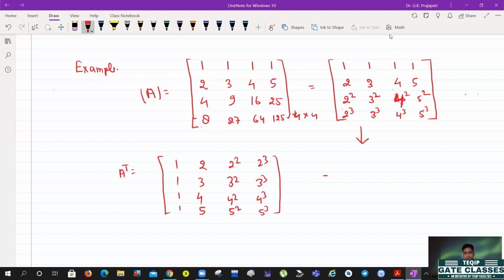And we know that determinant of A equals determinant of A transpose.